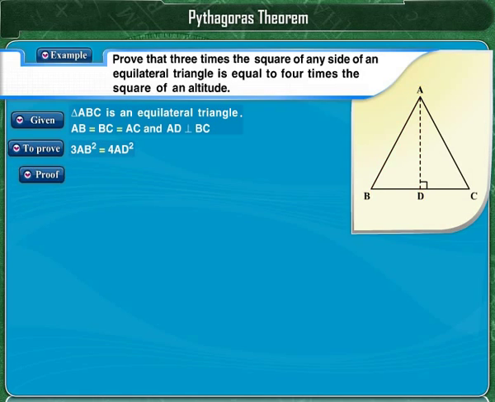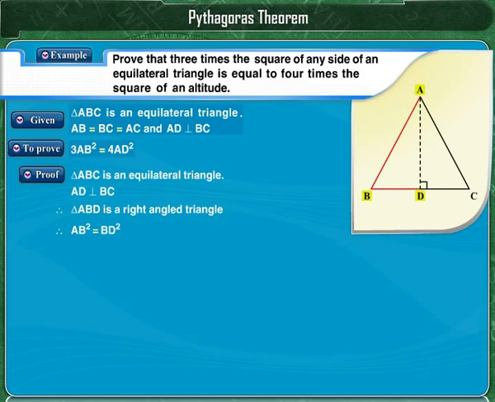Proof. In equilateral triangle ABC, AD is perpendicular to BC. Therefore, triangle ABD is a right-angled triangle. By Pythagoras theorem, AB squared is equal to BD squared plus AD squared.